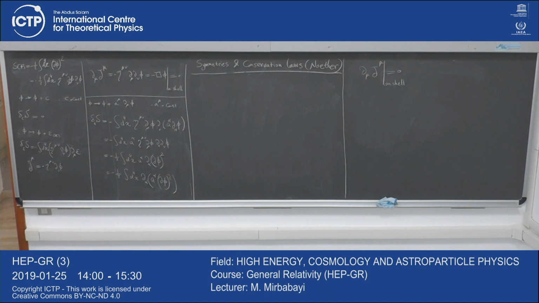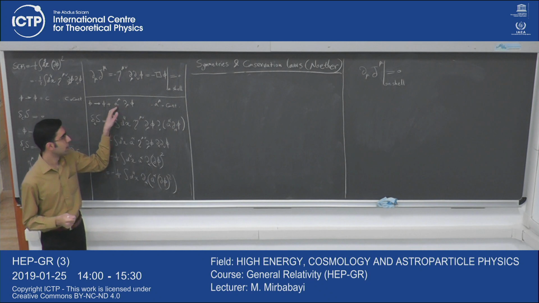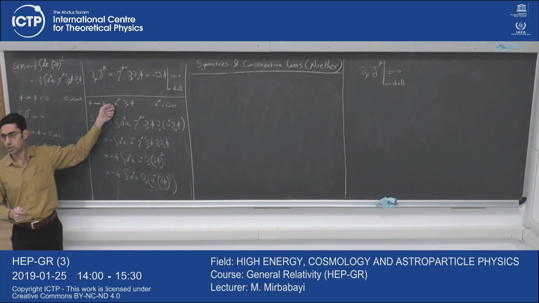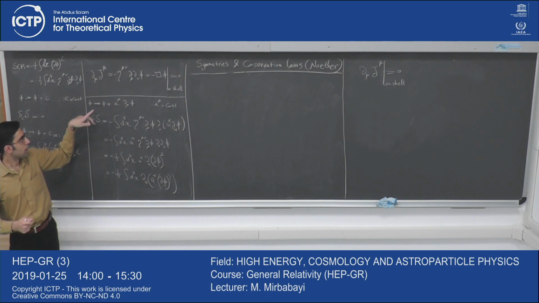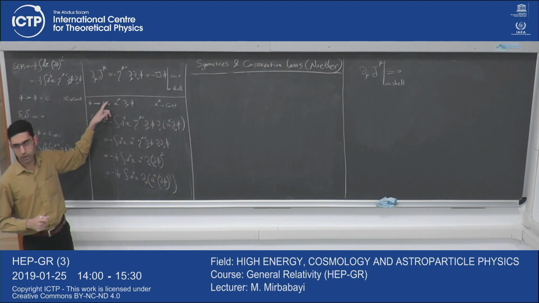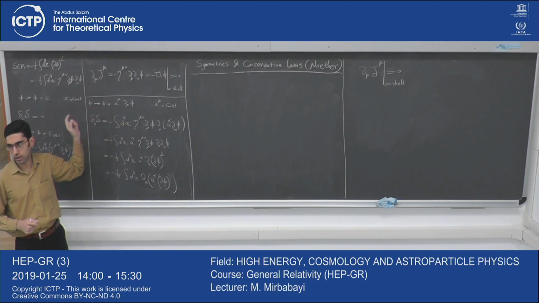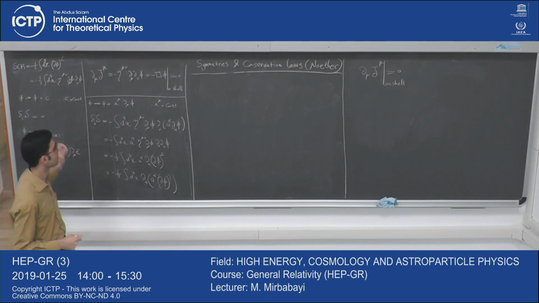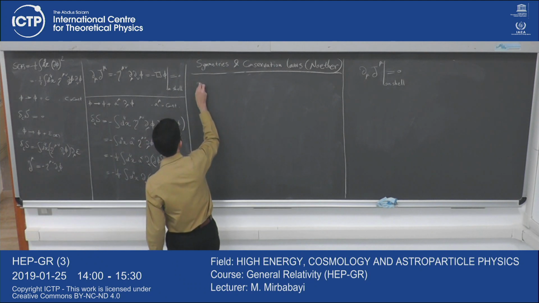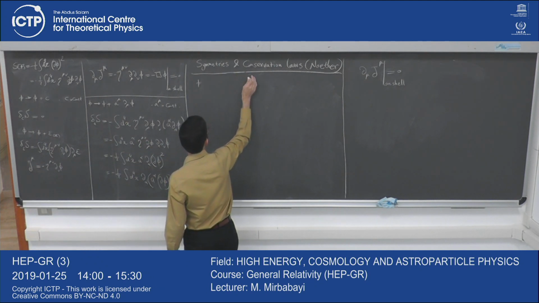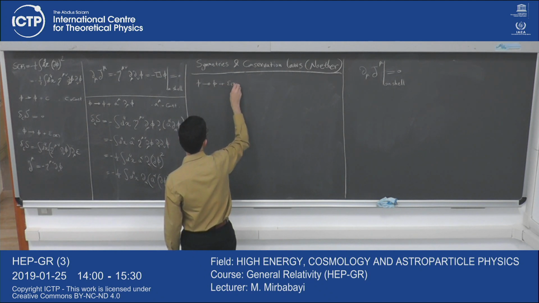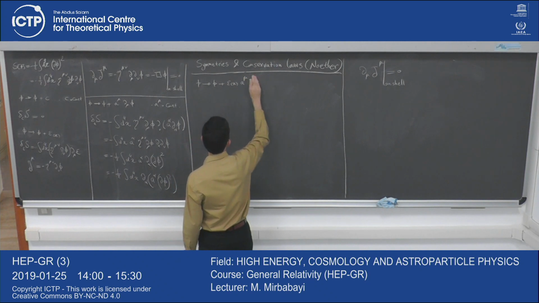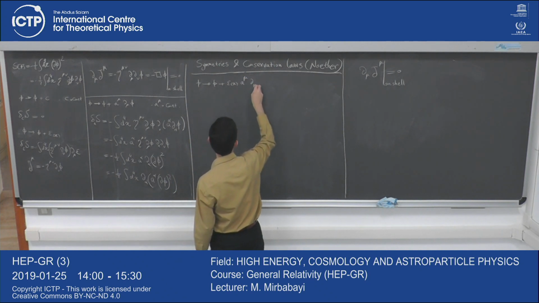So how do we derive that? Again, we follow Noether's procedure. We promote the symmetry transformation into a local variation by multiplying by some epsilon of x. So we say phi goes to phi plus epsilon of x a mu d mu phi.